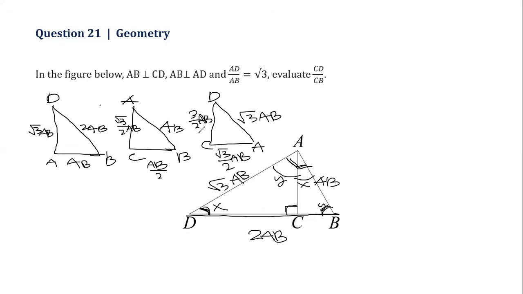So the ratio of the sides should be the same. But here, the hypotenuse is AB. So if we want to find the length of these sides, we're going to take this and divide it by 2, since AB is half of 2AB. So we're going to do the same to the other side, and take the half of this.